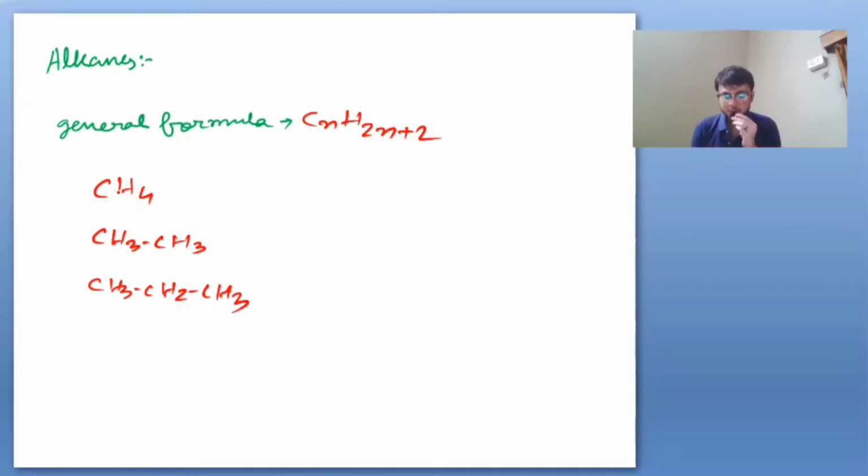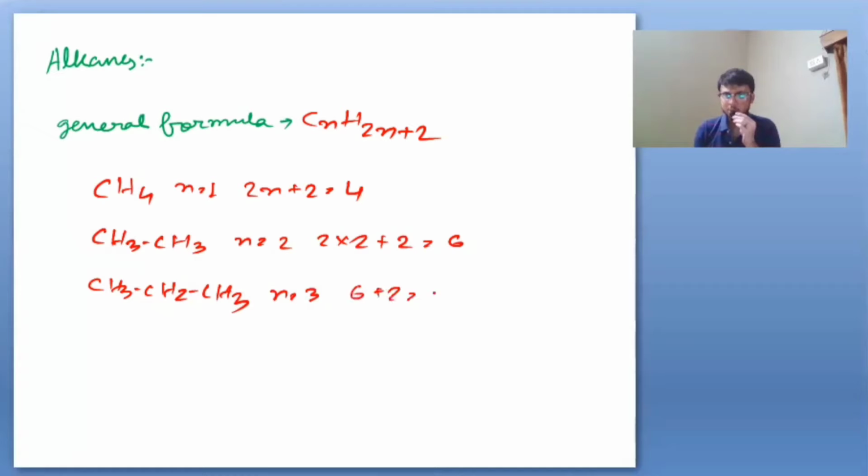So, here you can see if we take n equal to 1, then 2n plus 2 comes to 4. If we take n equal to 2, then it is 2 into 2 plus 2, that means 6. And if we take n as 3, then 6 plus 2 equals 8.